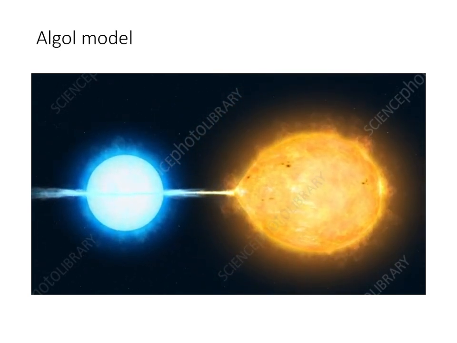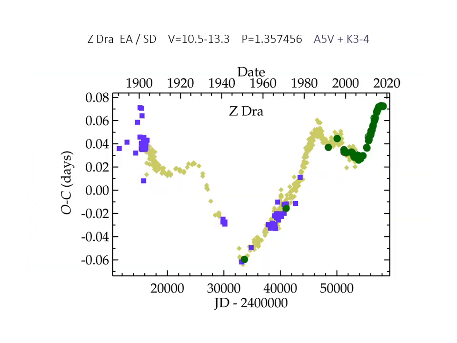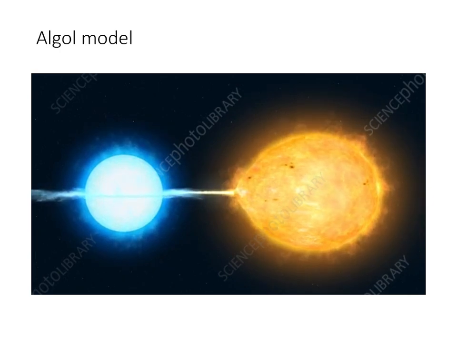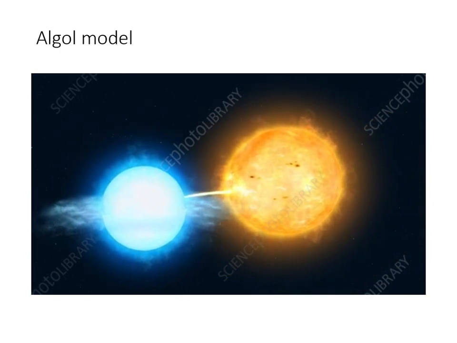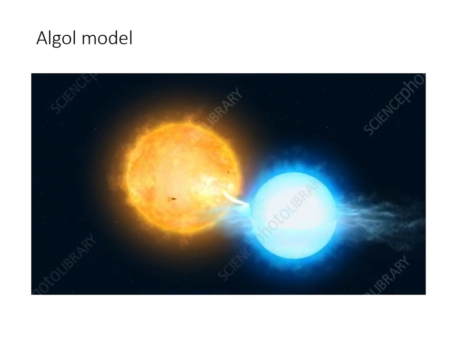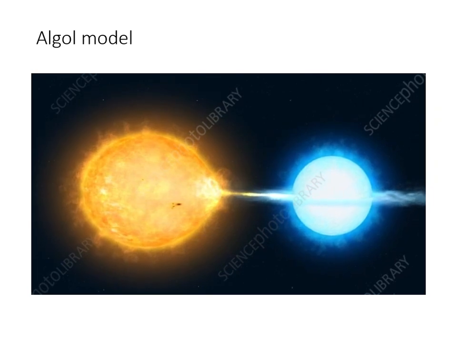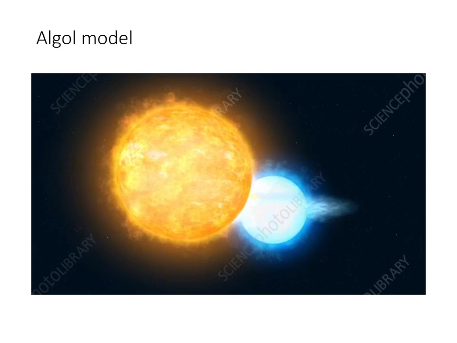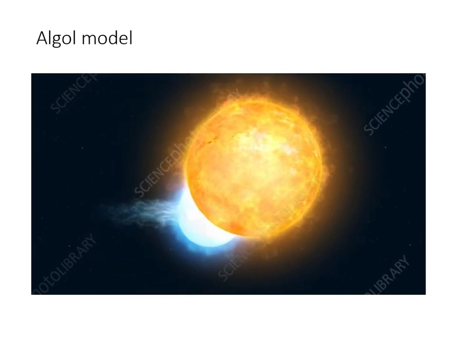It's still sending material through the inner Lagrangian point to the mass gaining star, which has a disk around it, and this is probably the origin of Be stars as well. Be stars are thought to be essentially Algol systems.